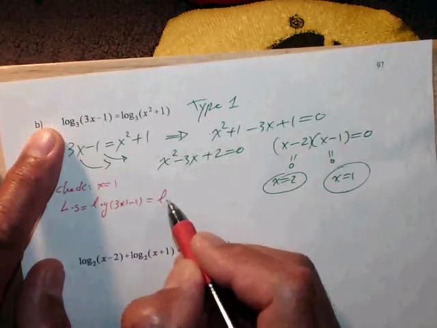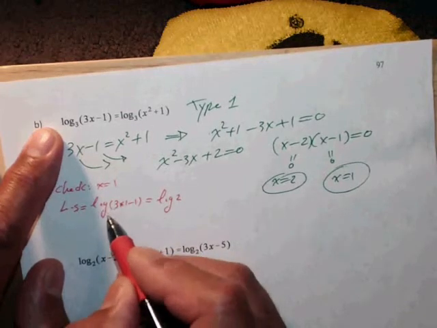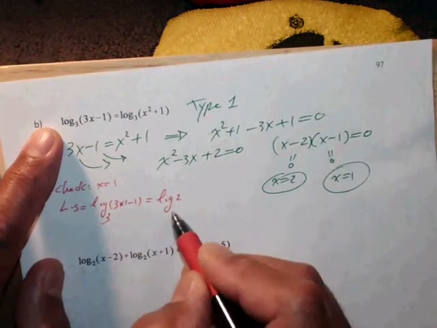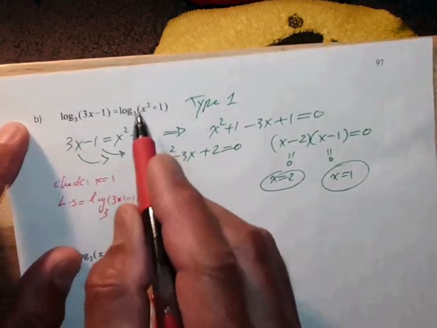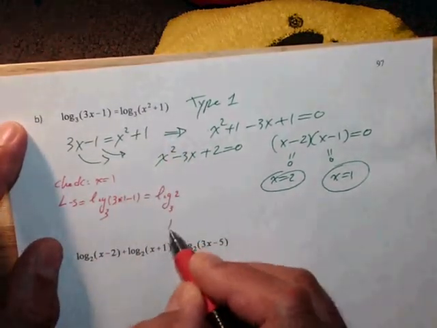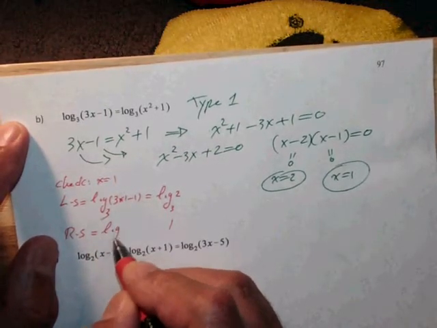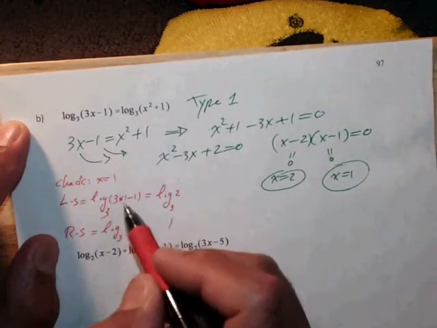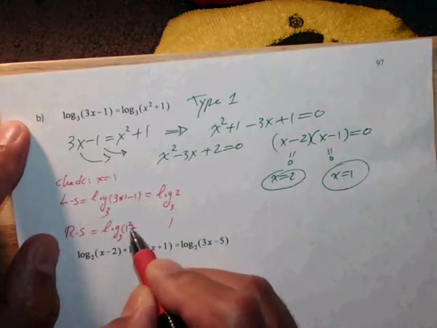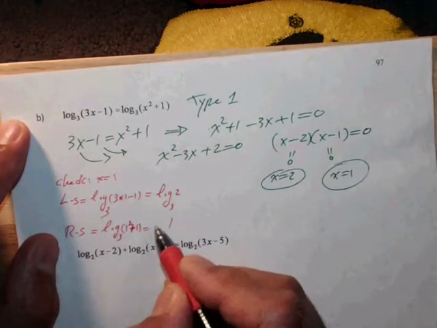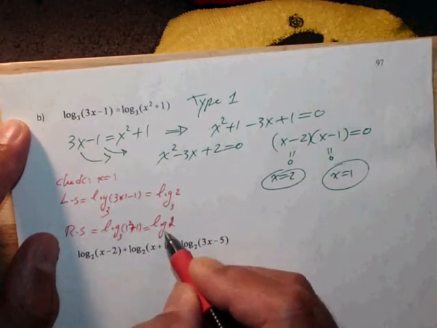This is log of 3 times 1 is 3 minus 1 is log of 2 to base 3. So left side is log 2 to base 3. On the right side, it is log to base 3 of x squared plus 1. x is equal to 1, so it's going to be 1 squared plus 1. 1 squared is 1 plus 1 is 2. You get log 2 to base 3, and check.